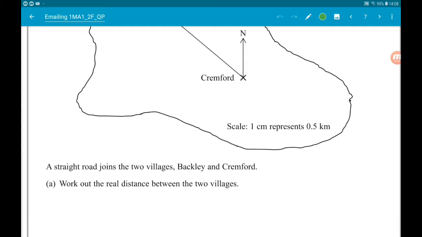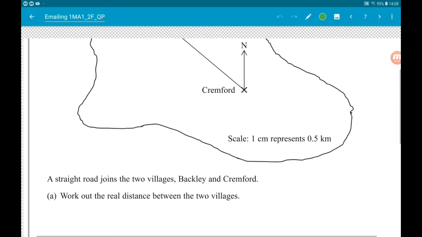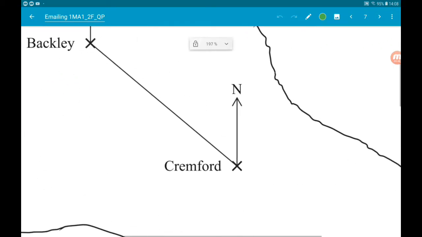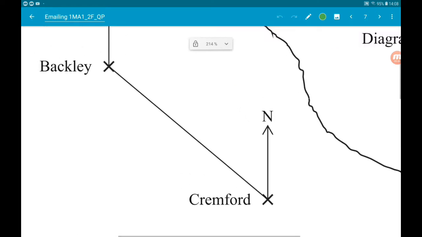We want to work out the real distance between the 2 villages. So, if you had this printed out properly to scale, you would need to measure the length of this line, for which you should get 5.5 centimetres.